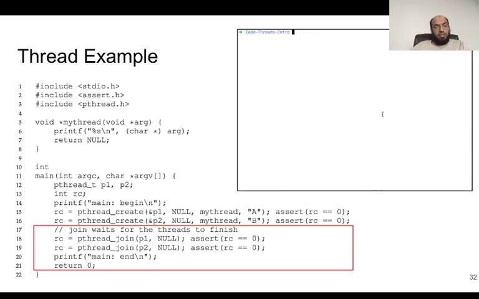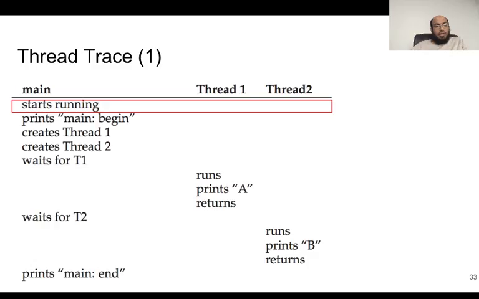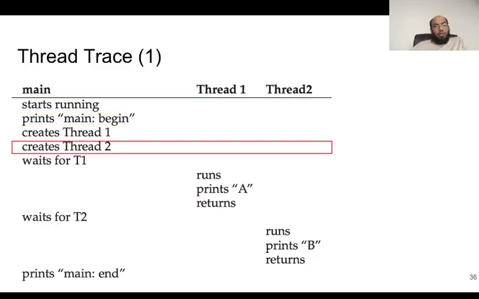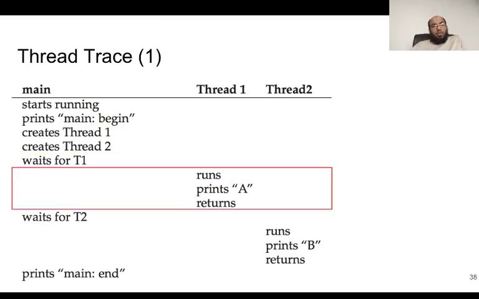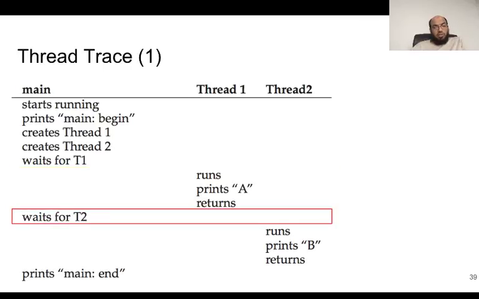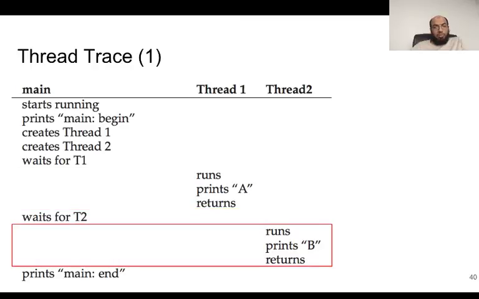Line 18 is when you wait for thread 1 to finish. So you create the two threads, and then you wait for T1. Thread 1 runs now because you're waiting for it, prints A, returns. Then you wait for T2 because this is the next statement, and thread 2 runs, prints B and returns. Okay?